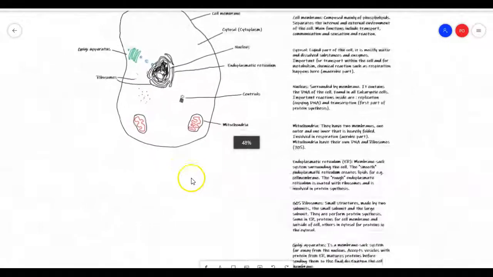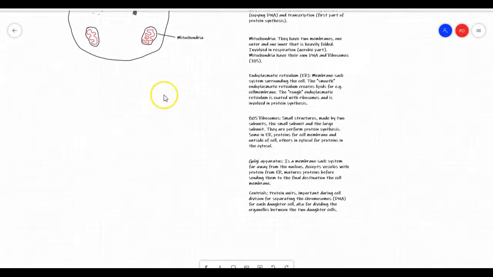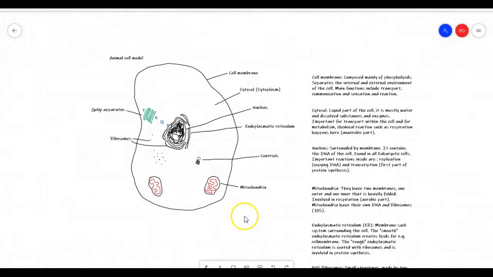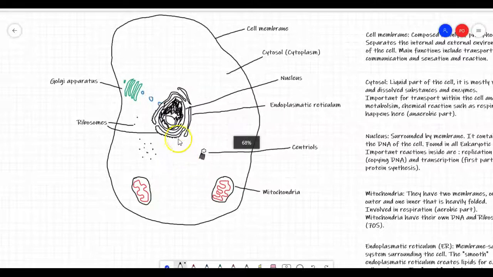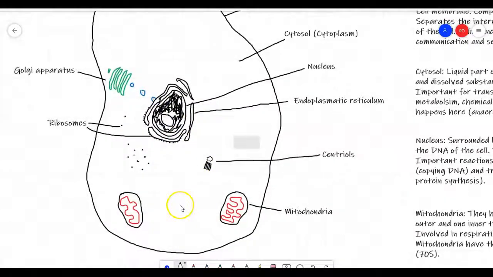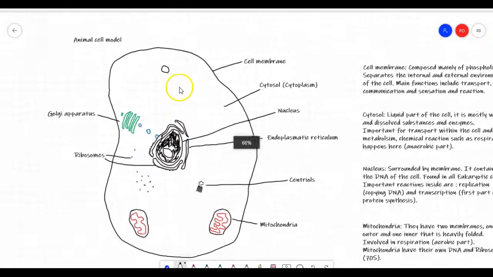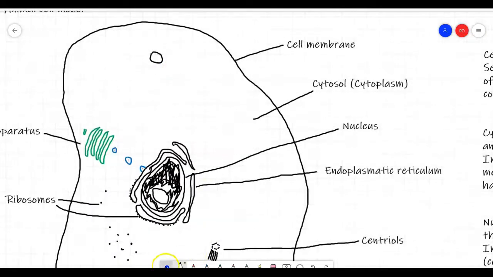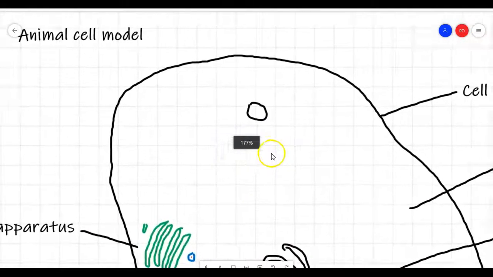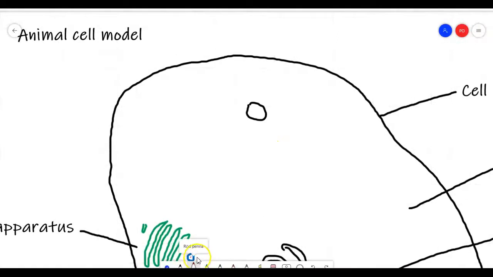What else we got? So you can always go down and look for yourself here. Oh yeah, one more thing here that we're going to draw. Sometimes we also tend to draw other things here. This is a small membrane sac that we call the lysosome.